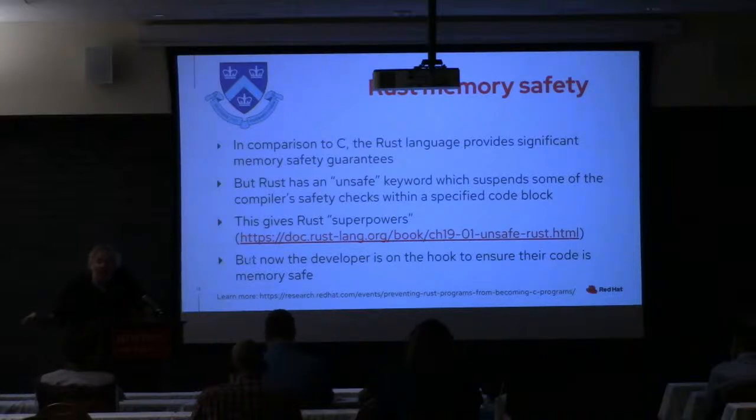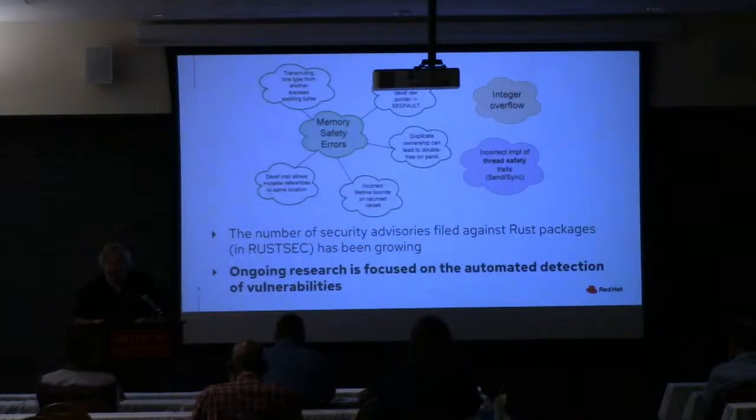Unsafe doesn't get rid of all of the Rust memory safety features, but it does get rid of a lot of them. And now the developers are on the hook to ensure their code is memory safe. And in fact, we're seeing the number of security advisories being filed against Rust packages going up and up and up. So this work is focused on the automated detection of vulnerabilities.